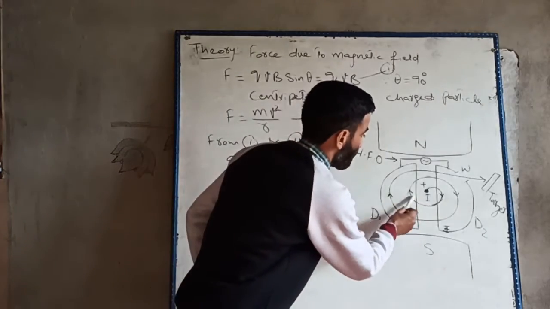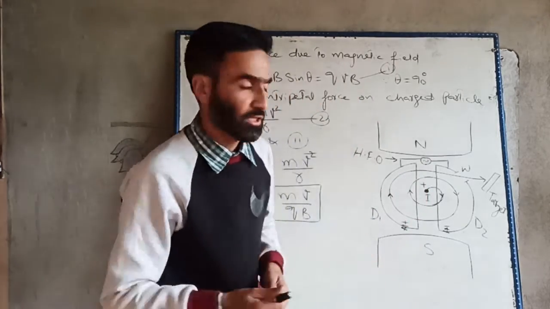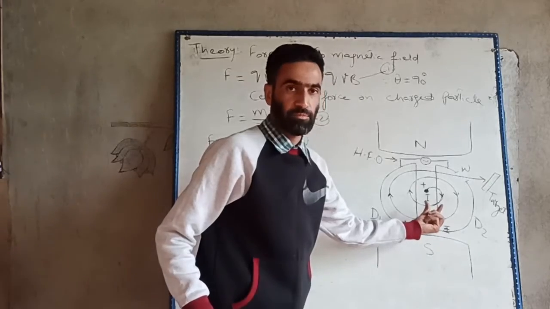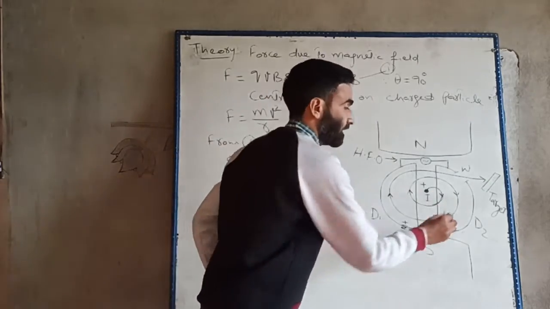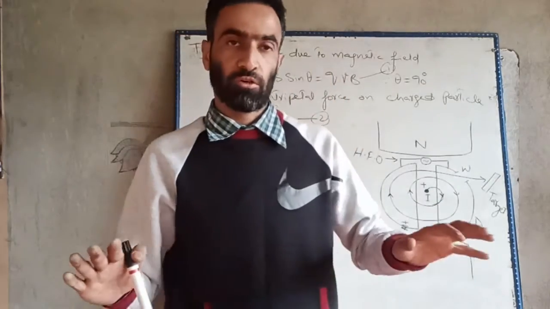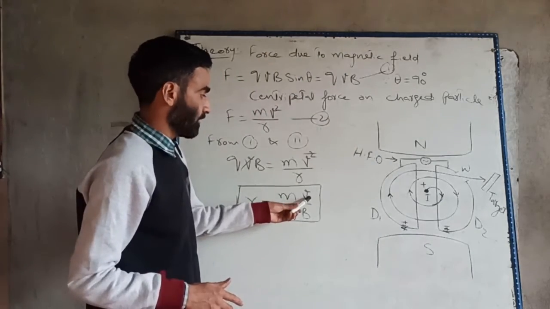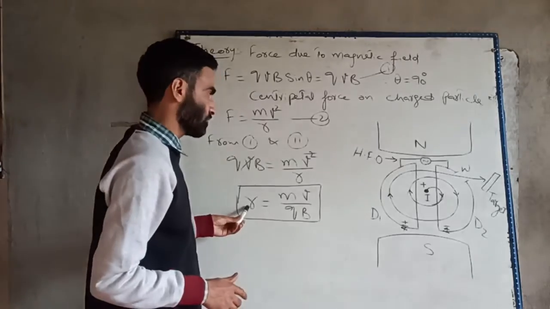At each step, there is an increase in speed of the charged particle when it reaches the gap, because in the gap there is an increase in speed of the charged particle, and within the dees the charged particle moves with constant speed. So here it is clear that whenever there is an increase in speed of the charged particle, its radius goes on increasing.